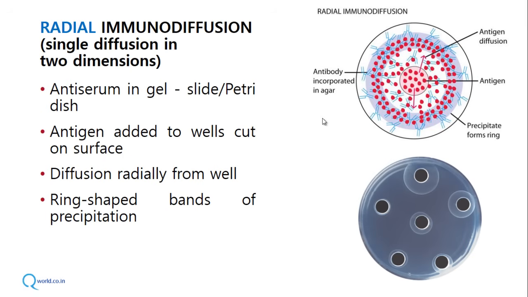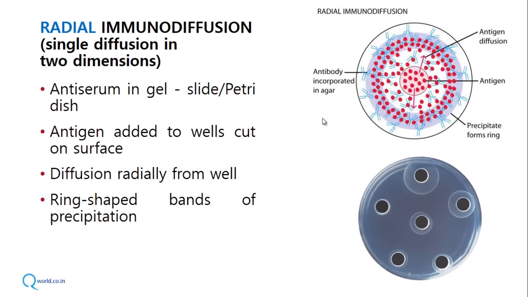Then we have radial immunodiffusion, also known as single diffusion in two dimension. Here what we do, we take a slide or a petri dish, and we take antibody gel or antiserum gel. Then we cut wells in it, we cut holes in it, and we put antigenic solution to it.